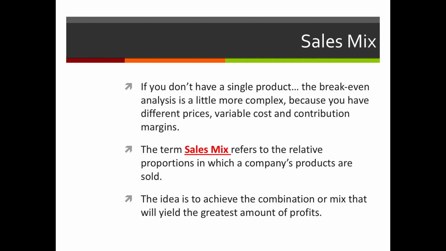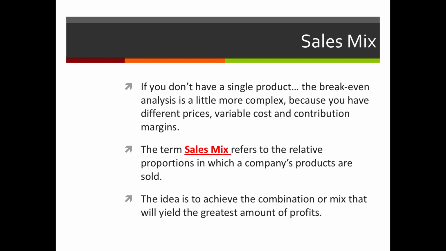Important. If you don't have a single product, and most companies do not work with a single product, the break-even analysis is a little bit more complex, but it's not impossible, because you have different prices, different variable costs, and of course, different contribution margins. The term sales mix refers, as I told you before, to the relative proportion in which a company's products are sold.